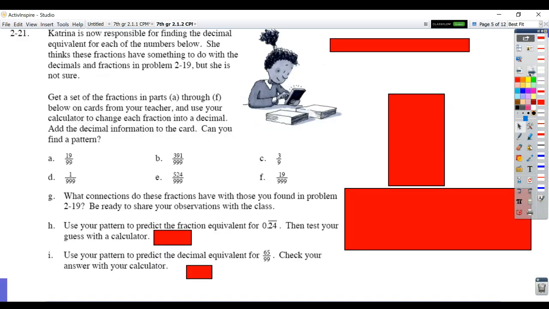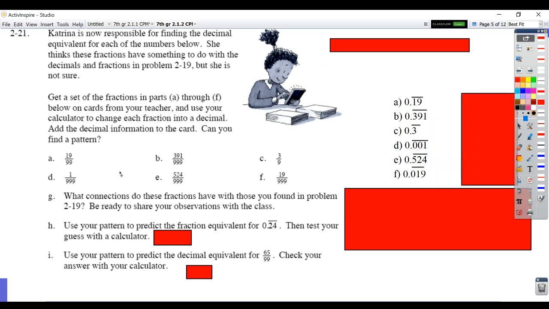Then they talk about in 2-21, how can you convert from a fraction to a decimal if you get a repeating decimal? Well, if you take 19 divided by 99, 391 divided by 999, and so forth, what you end up finding is there is a repeating pattern to them.